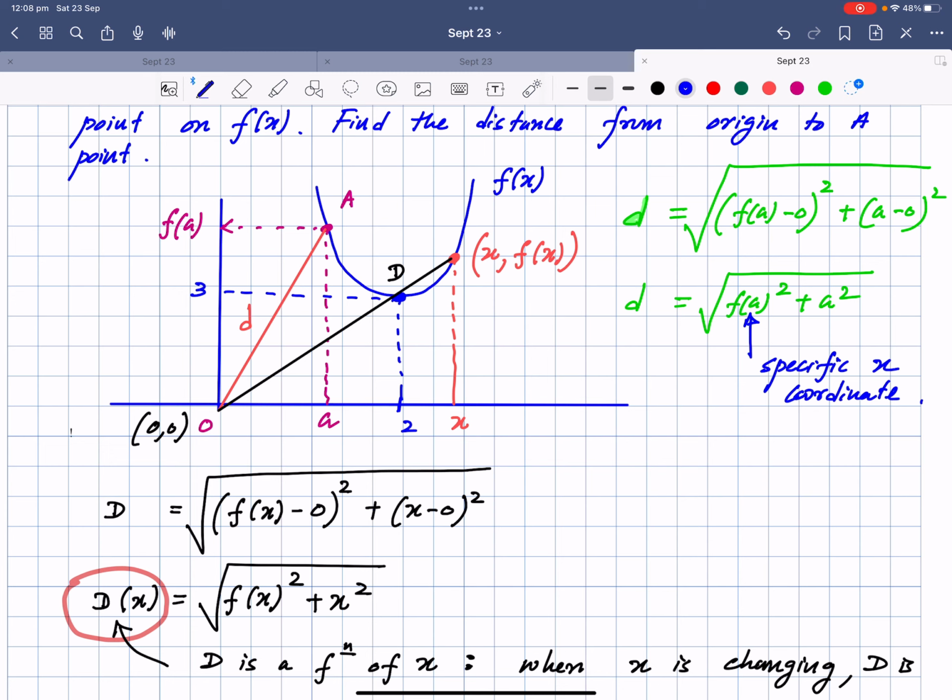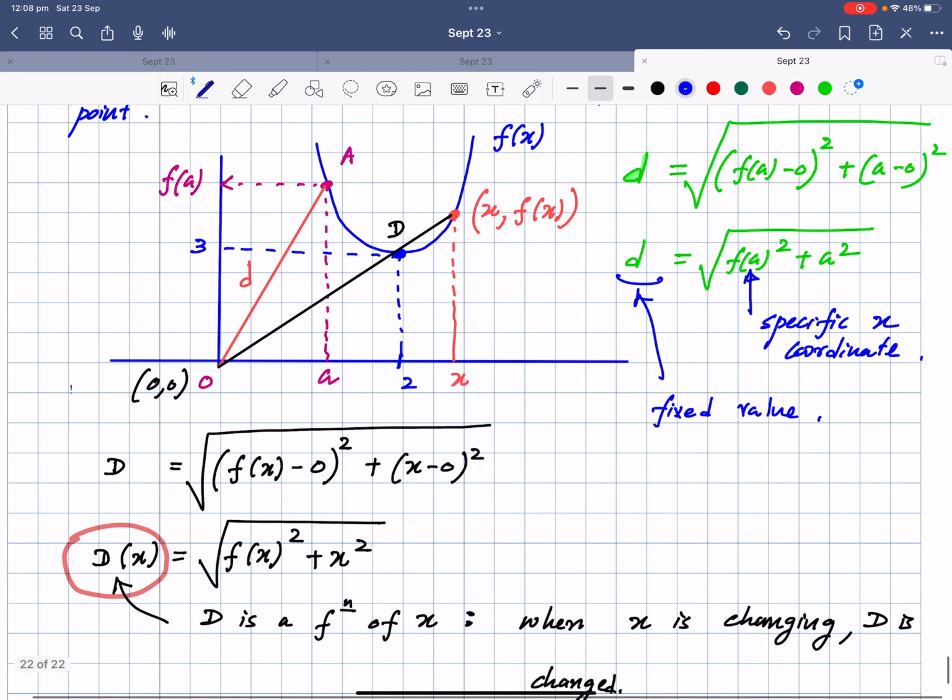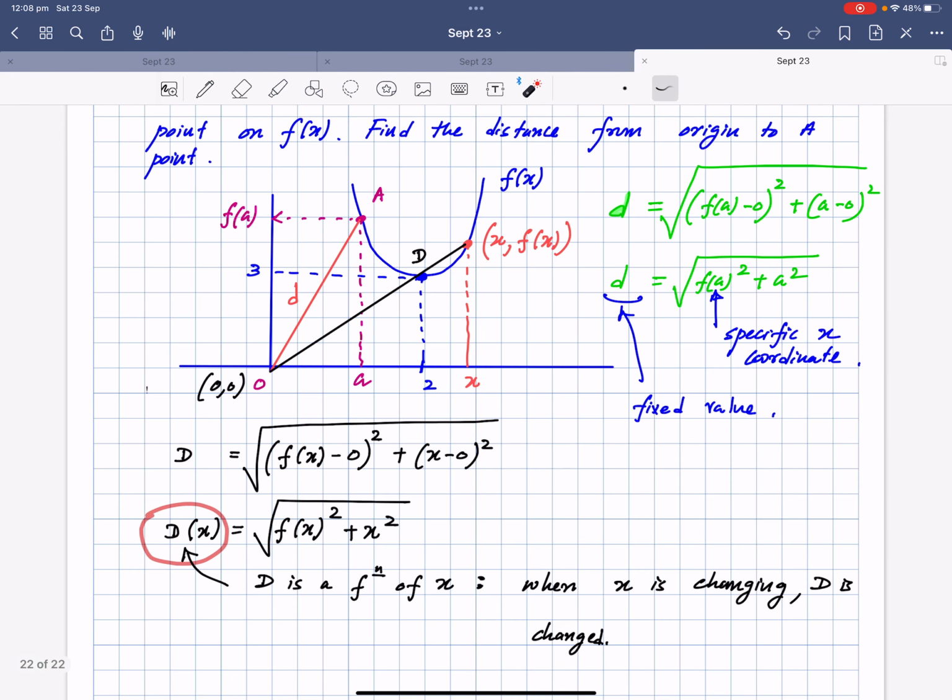It's not a variable, it is a fixed point. Hence, this d is a fixed value. So we have to clearly understand the difference between this fixed length d and the distance capital D. Capital D is changing, because x is changing, because we put a variable here. The coordinate here is a. A is not a variable, a is a value, like 5. So d is a fixed value, capital D is a changing value, the way we have defined it.